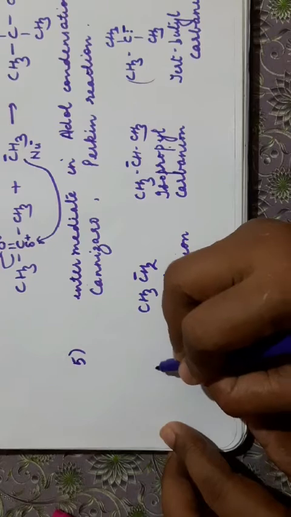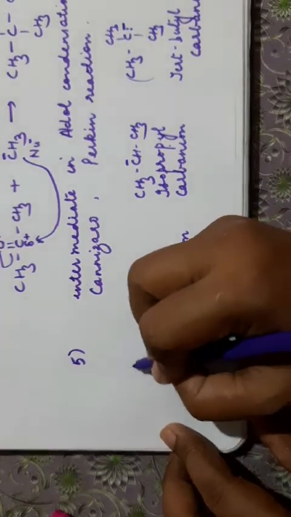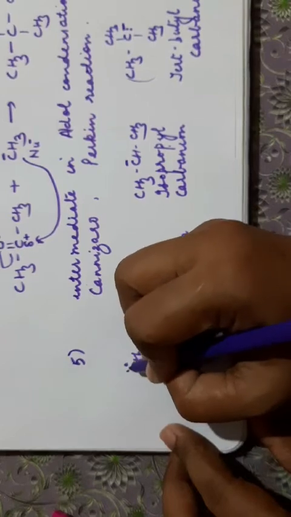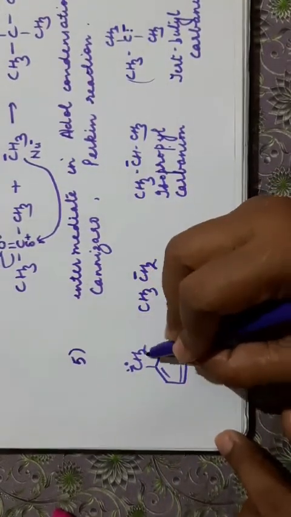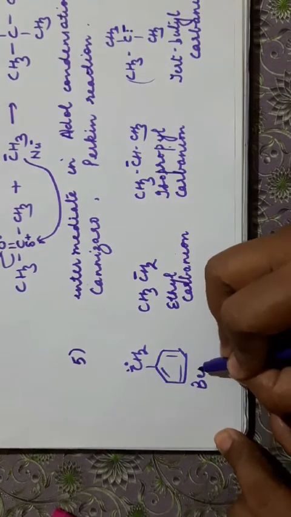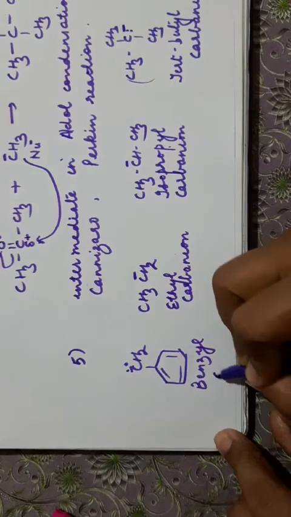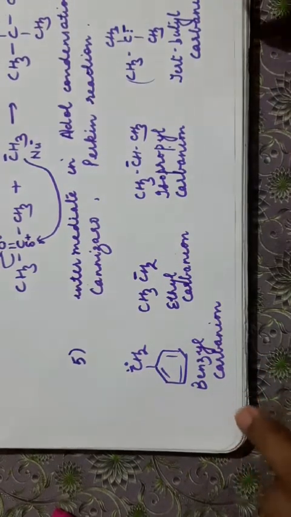This is an important carbanion: a benzene ring with CH2 and then a negative charge over here. This is the benzyl group, a CH2 group attached to benzene with a negative charge on this carbon, so it is benzyl carbanion. In this way the names are written for the carbanions.